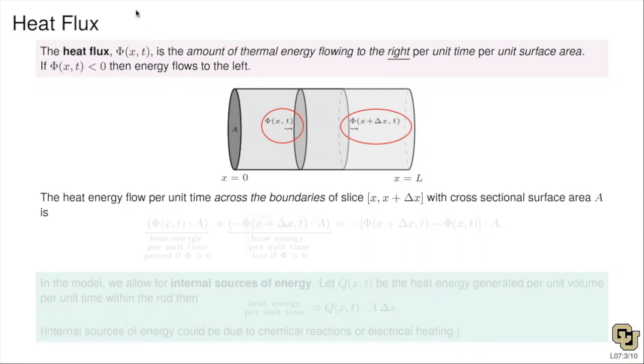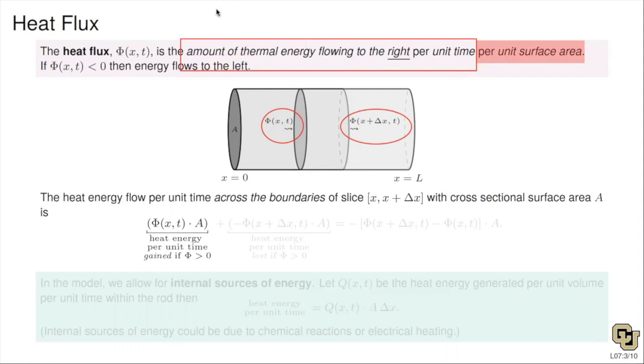Okay, so I'm going to calculate the amount of heat energy gained: phi of x,t times A. Remember, this is per unit surface area, and I'm multiplying by surface area. So now I'm getting the total energy flowing to the right per unit time.